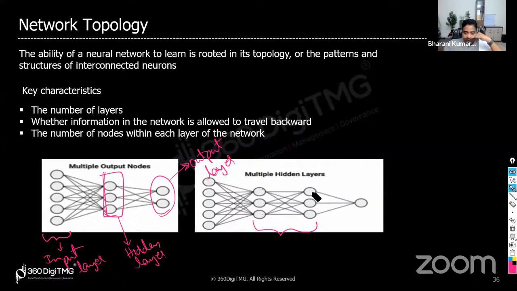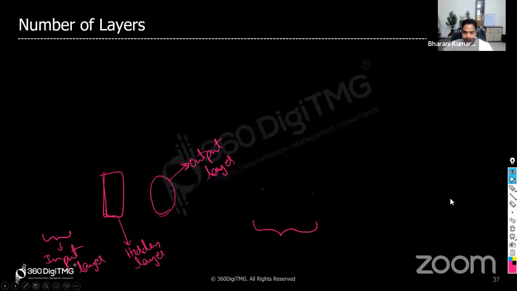The number of neurons in each hidden layer need not be same. There can be different also. Okay.